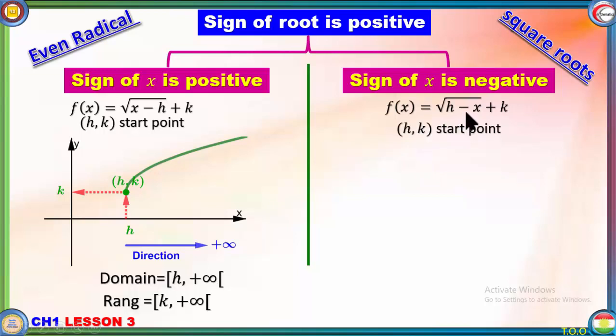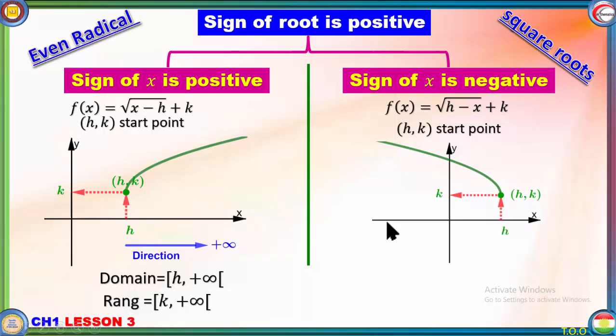Because the sign of x is negative, the domain starts from negative infinity to h, because the direction of the function is from the start point to negative infinity. Therefore, the domain is from negative infinity to the start point, which is h. But because the sign of the square root is positive, the range begins from k to positive infinity.